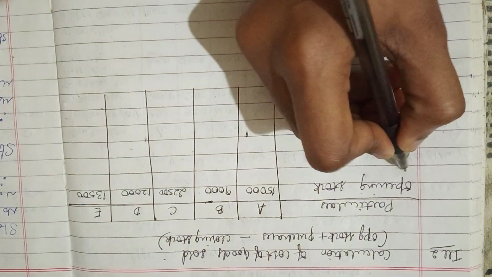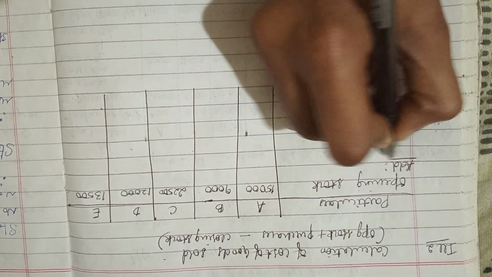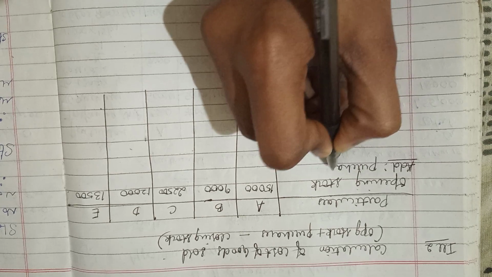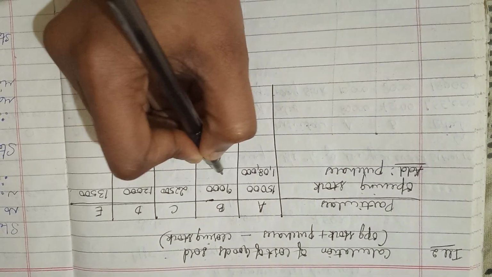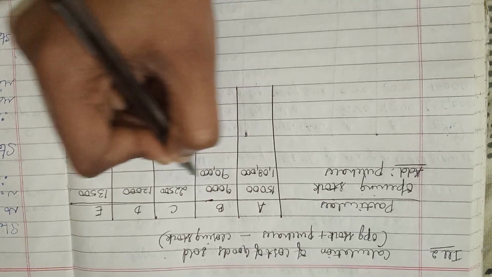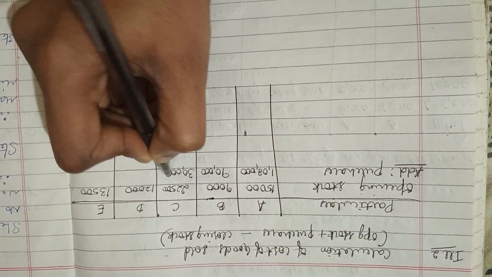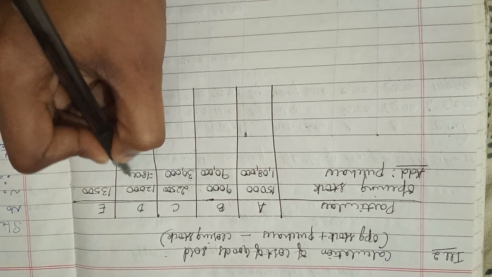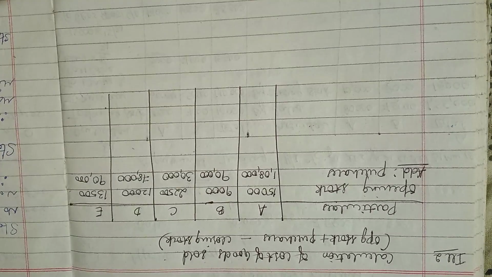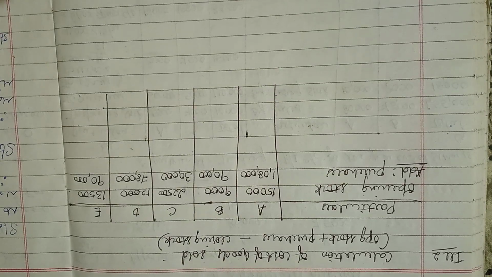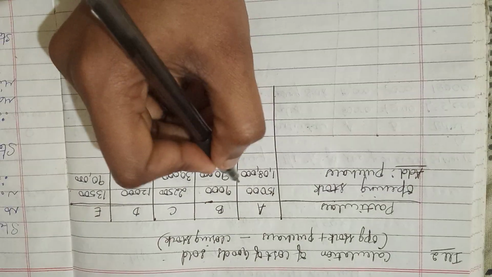Next, you will add your purchases. What are your purchases? 1,08,000, the next 90,000, 30,000, 78,000, and 90,000. Now let us add the purchases.